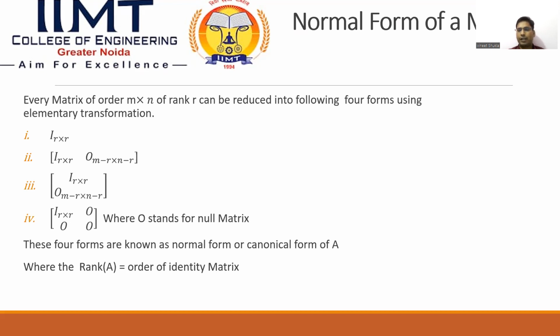Number one, identity of order R cross R. Second, identity R cross R and null matrices of order m minus R, n minus R. Similarly, third, and fourth, identity of order R and null matrices, where O stands for null matrix. These four forms are also known as normal forms and canonical forms, where the rank of A is equal to the order of the identity matrix.